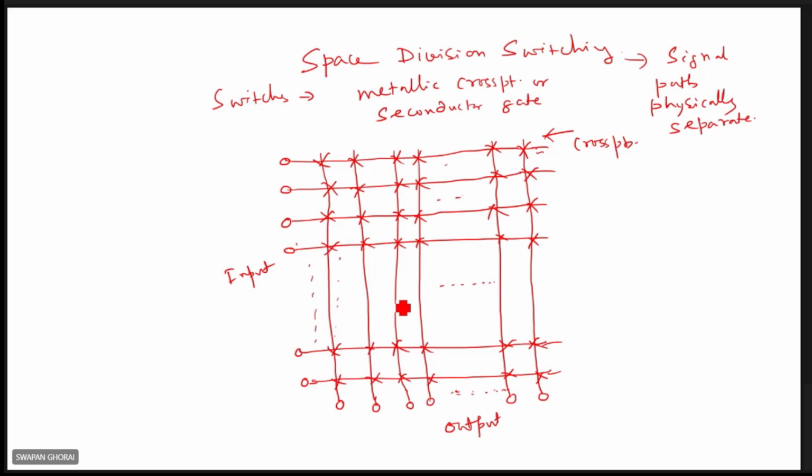It is called a crossbar matrix. Each station is attached to this matrix through one input line and one output line. There will be a control unit for enabling or disabling the gates.